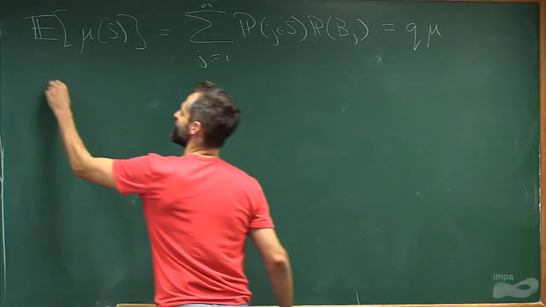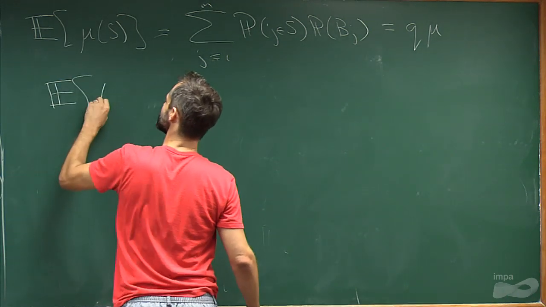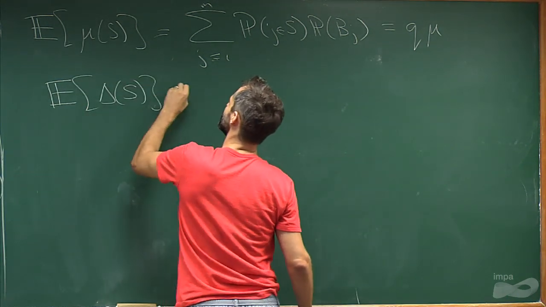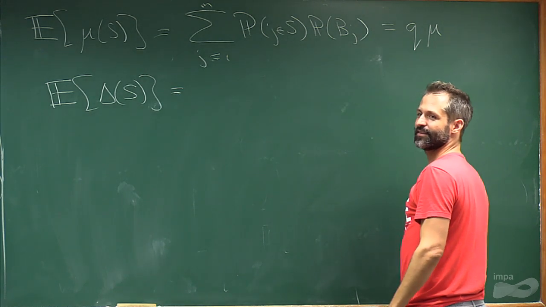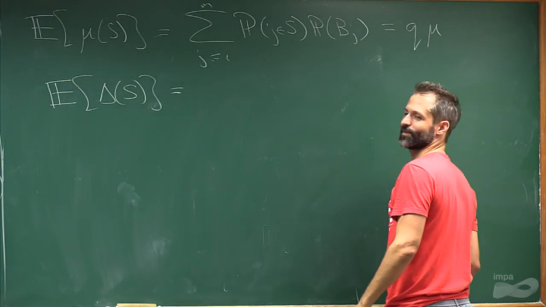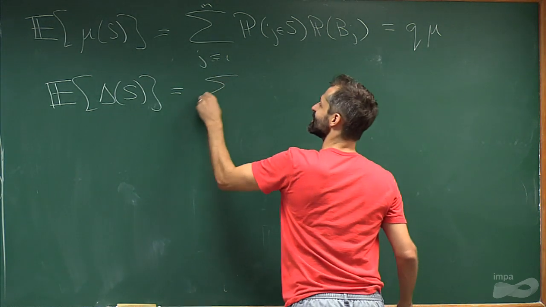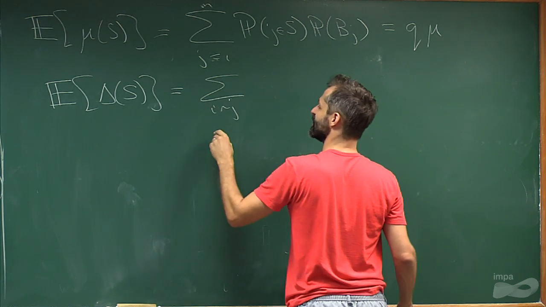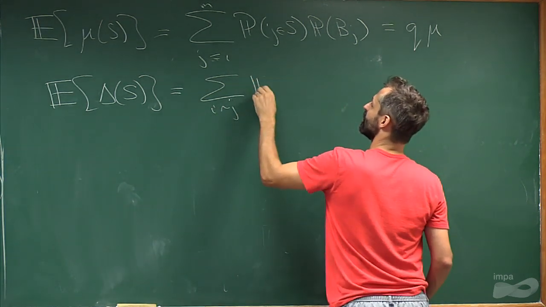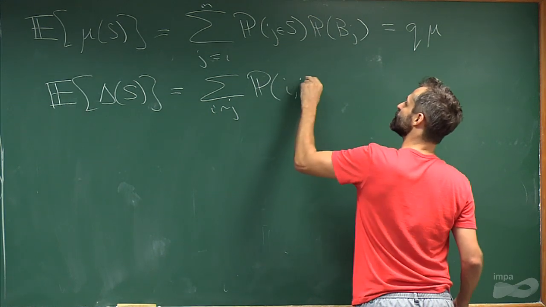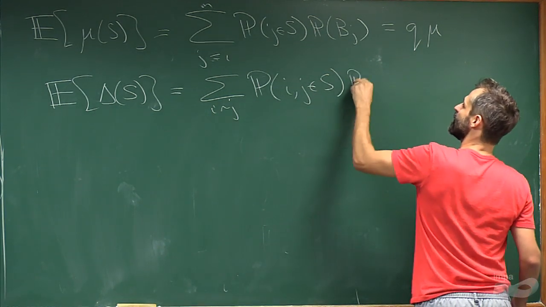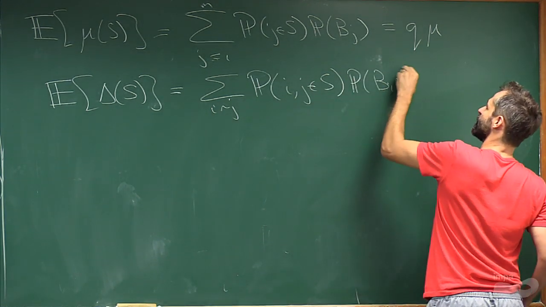Now, what's the expected value of delta of S? Can you guess without me writing it? It's the sum over i tilde j of the probability that i and j are both in S, times the probability of B_i intersect B_j.